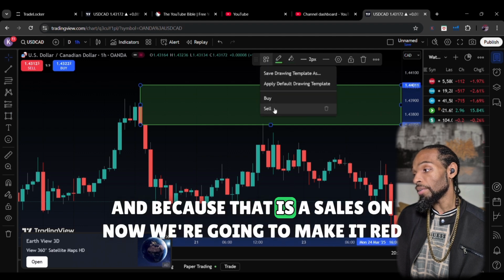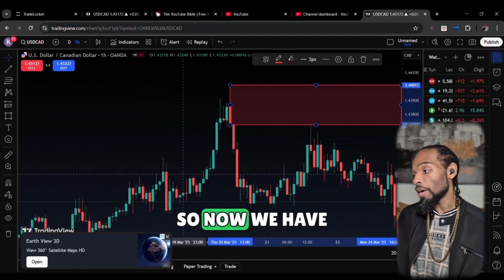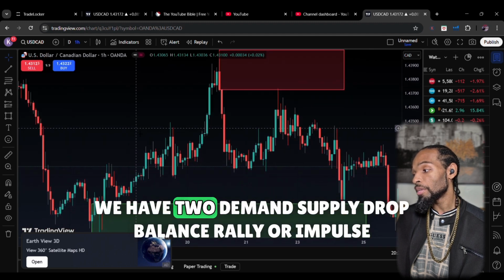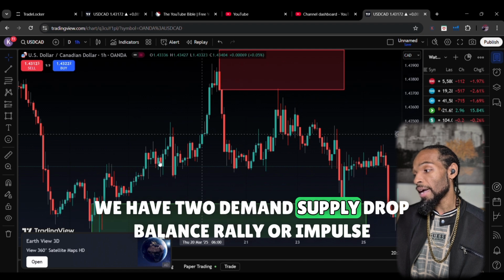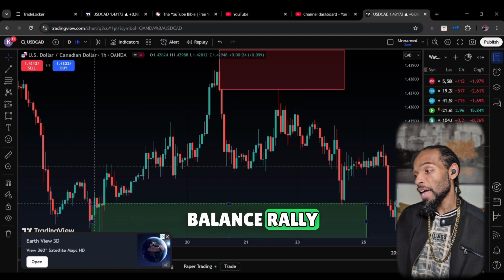And because that is a sell zone, now we're going to make it red. So now we have two: demand, supply, drop, balance, rally, or impulse, balance, rally.